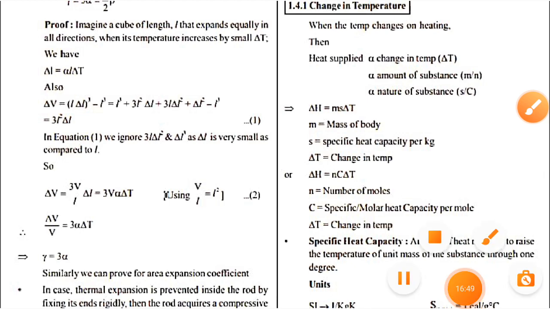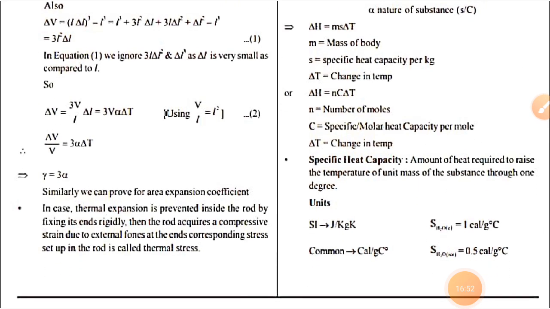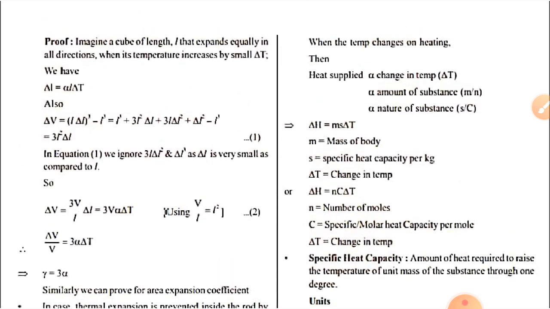So here, in case thermal expansion is prevented inside the rod by fixing its ends rigidly, then the rod acquires a compressive strain due to external force at the ends. The corresponding stress set up in the rod is called thermal stress. See, whenever we are talking about thermal expansion, there will be stress and strain, both occurring in that particular process, right?